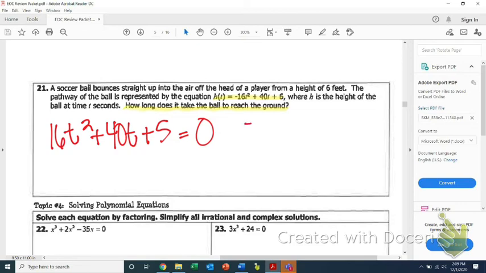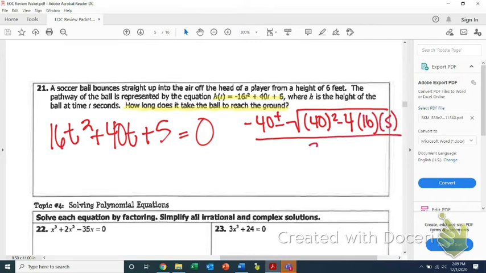When we plug into the quadratic, we'll have negative 40 plus or minus the square root of 40 squared minus 4 times 16 times 5 over 2 times 16.